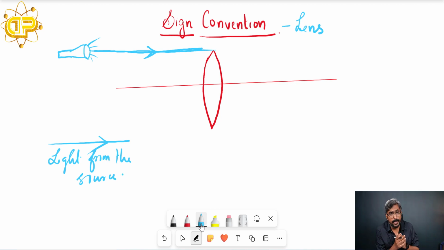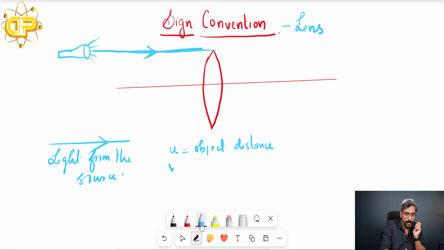Keeping this in mind, that is the direction of light from the source, we are going to see how we can give a positive sign or negative sign, or assign the signs to the different attributes. So the main idea of sign convention is: what will be the sign of u, meaning object distance?